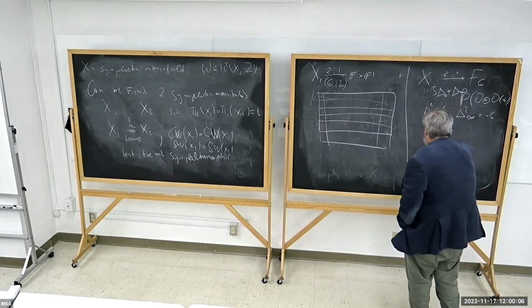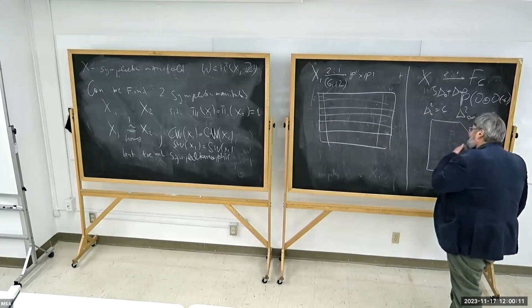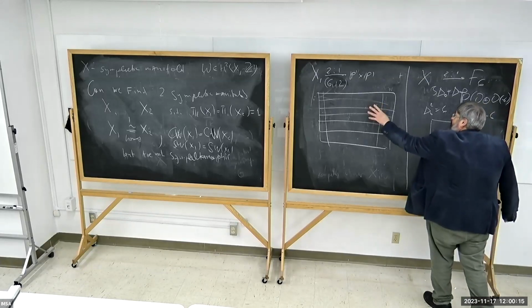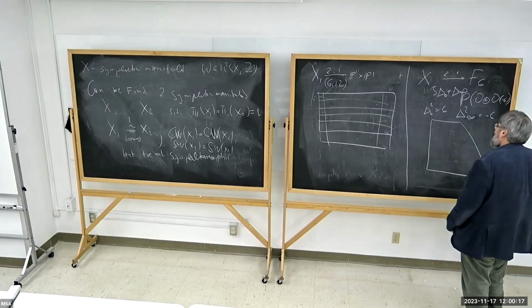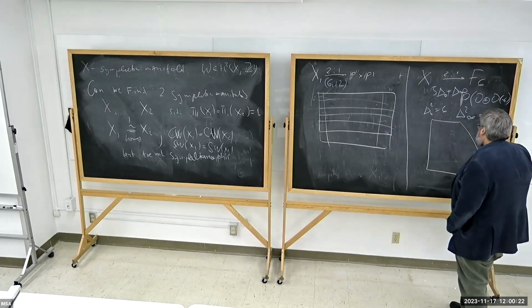You can think of this as a two-sheeted covering ramified in this 6,12 curve, which I didn't draw, and this is F6 here, another toric surface.